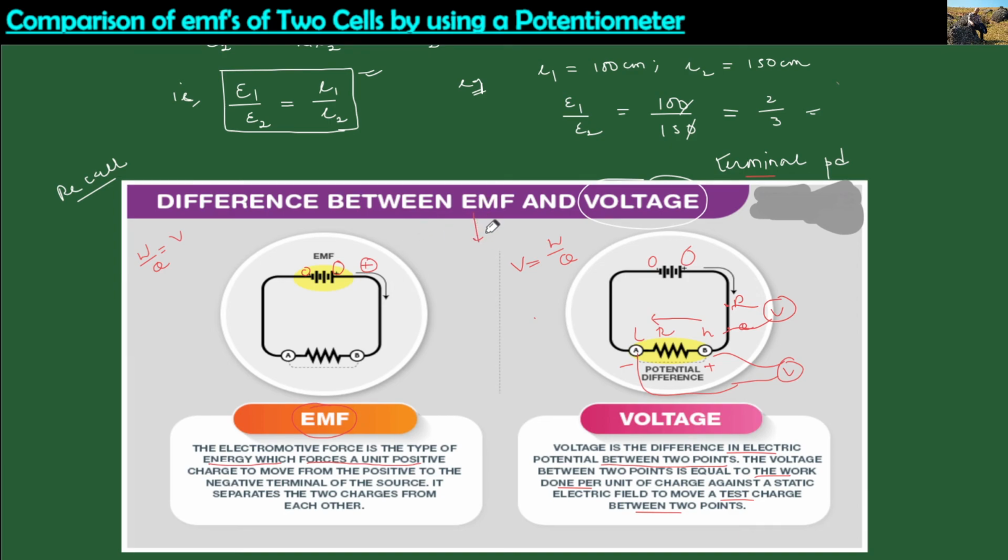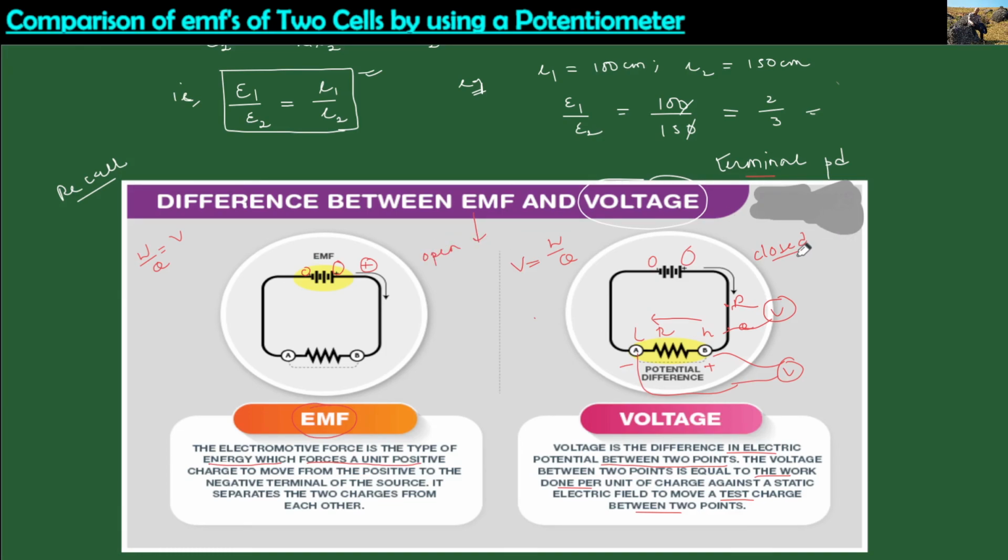EMF for the cell is nothing but the amount of work done in driving the charge once around a closed circuit. The terminal potential difference is nothing but the potential difference of the cell between 2 points within an electric circuit. So over here, also keep in mind that we can find the voltage in a closed circuit and the EMF will be in an open circuit.